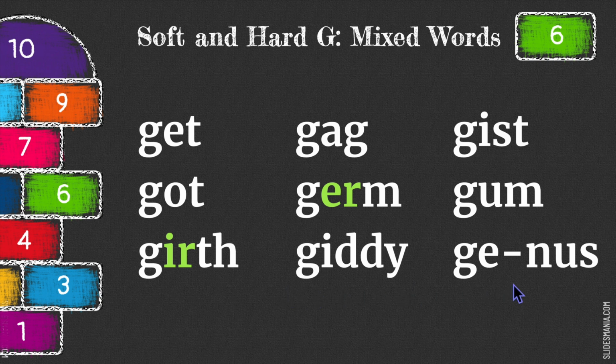I have divided this word into two syllables so we can use the nonsense syllables we've been practicing, where at the end of the syllable the vowel has its long sound. This G is followed by an E, so let's try the soft J sound. J, E, G, N, us, genus, genus.